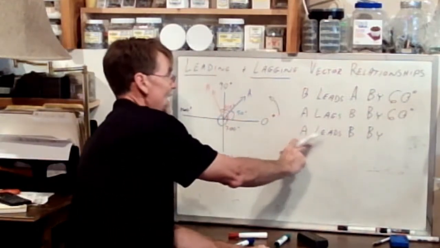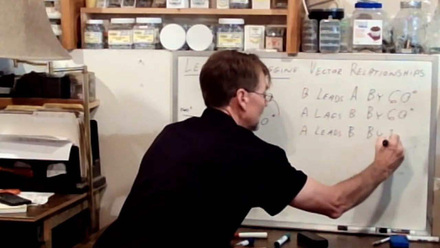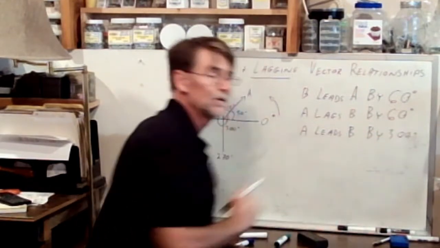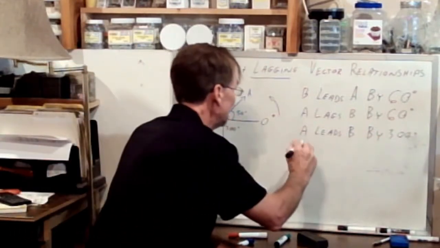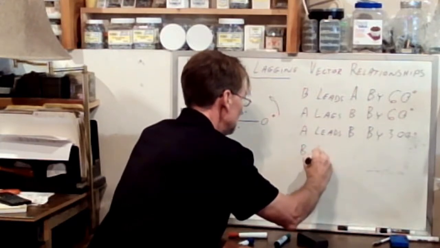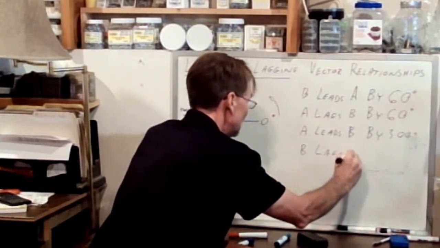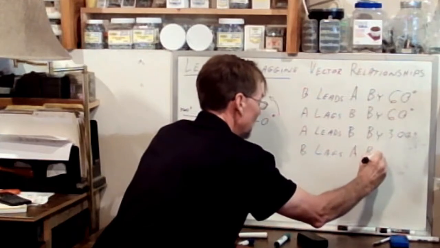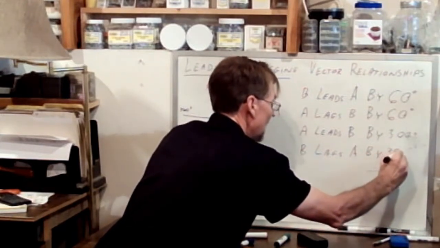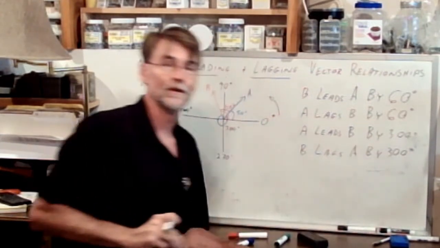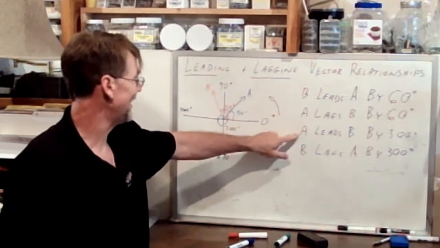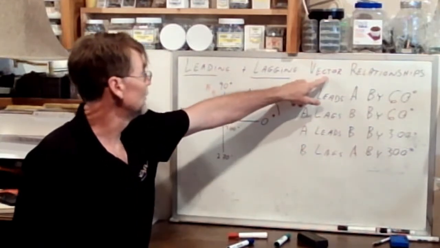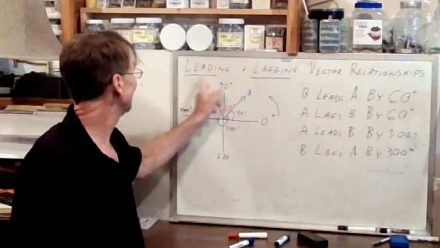So we could say that A leads B by 300 degrees. And finally, one last statement, we could say that B lags A by 300 degrees.